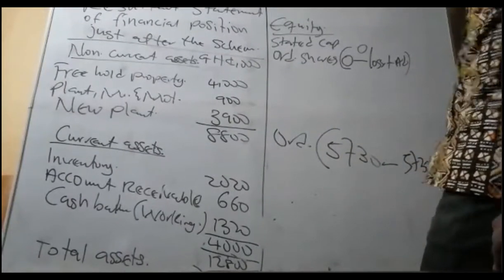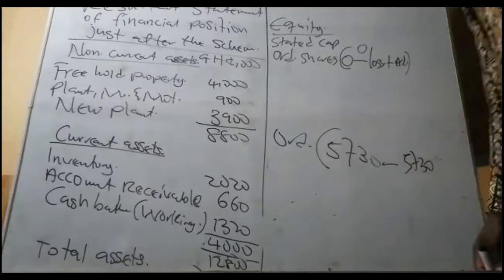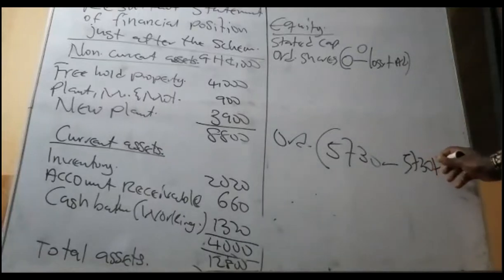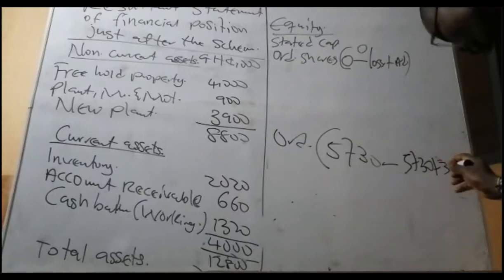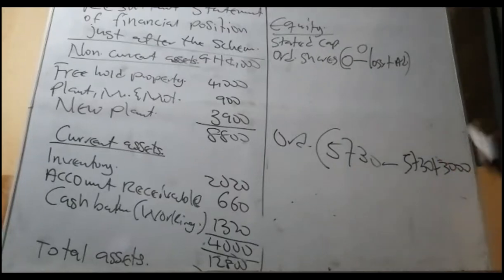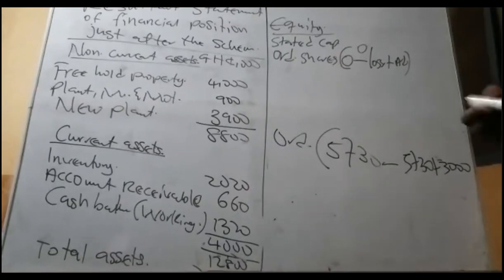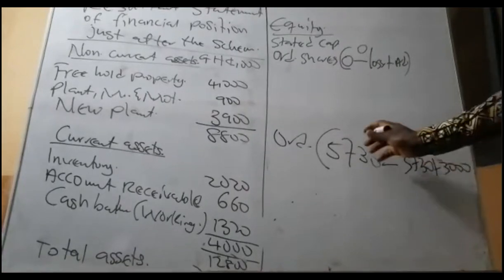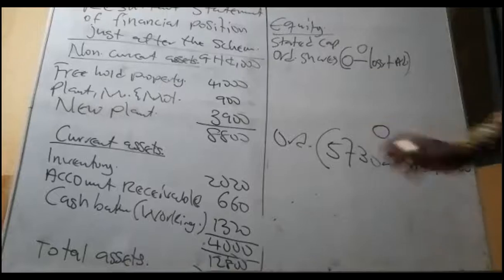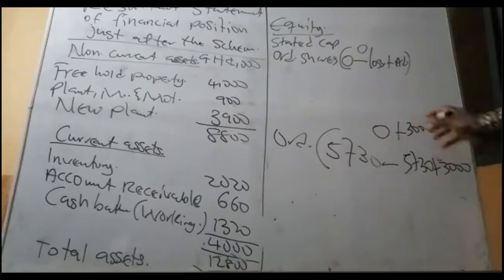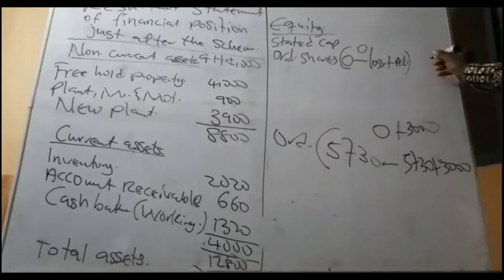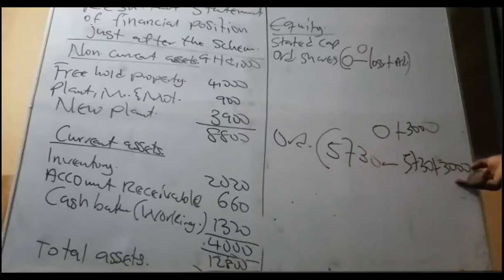How much are they bringing? They are bringing 3 million. So plus 3,000, whatever they are bringing. So that is how the ordinary share capital looks. But because they lost everything, their position will be 0 plus whatever they are bringing. That's all. So you can just put 3,000 here as the ordinary share capital. And this is the composition.